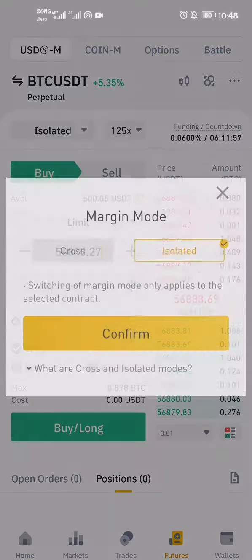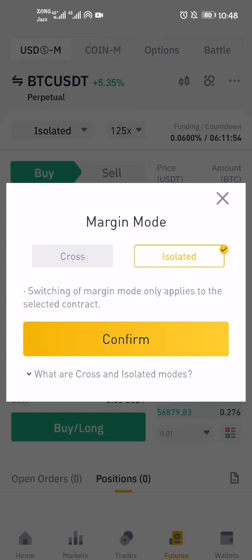Okay, then here you'll see margin modes: isolated and cross. So what do these two options mean? Isolated means that only the amount you're trading with will be used in that trade. For example, if you're trading with $50 in BTC USDT and your account gets liquidated, that $50 will get deducted from your account balance.